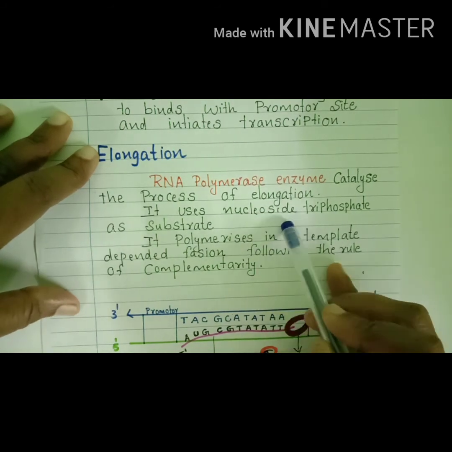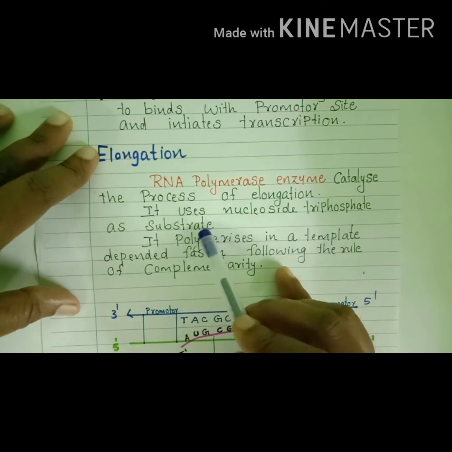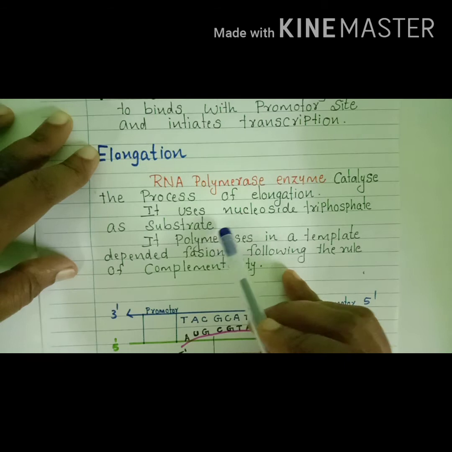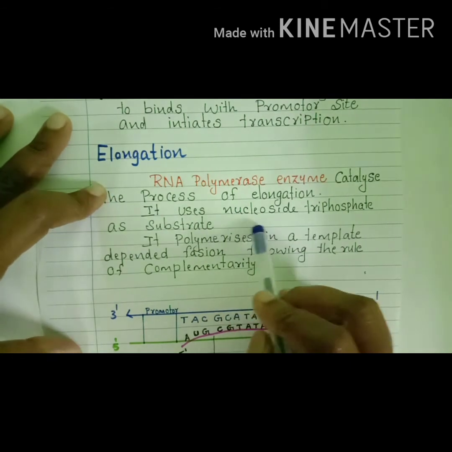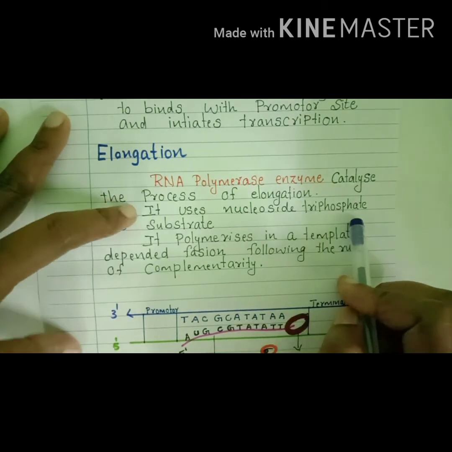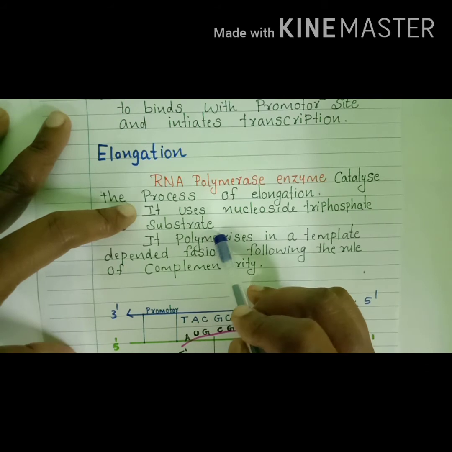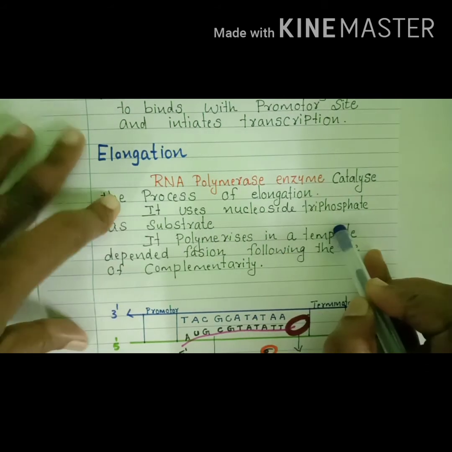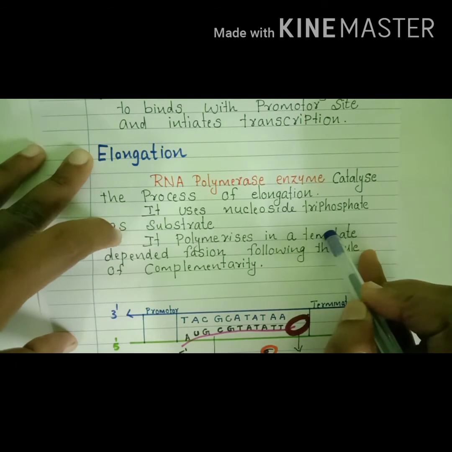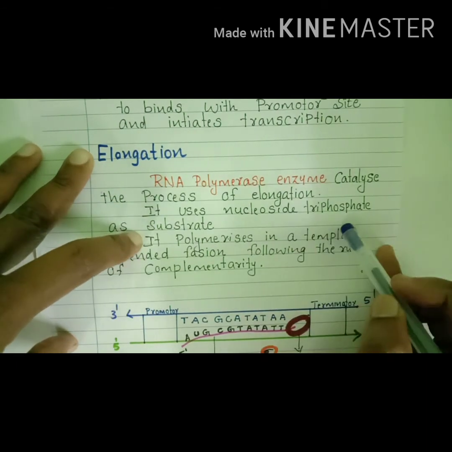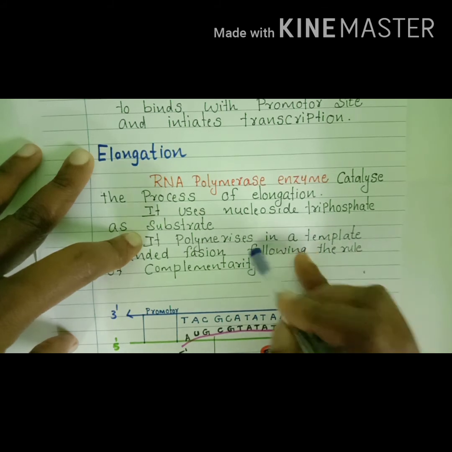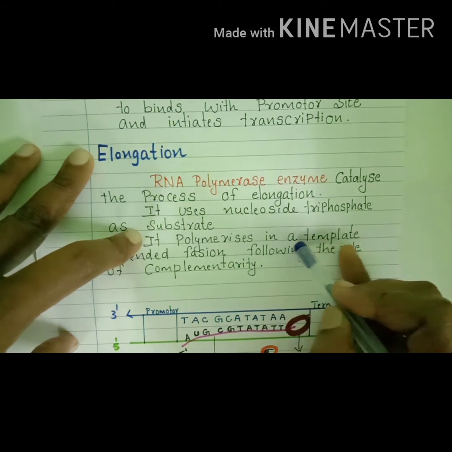What are the nucleoside triphosphates used for the synthesis of the RNA strand? They are 4 types: adenosine monophosphate, guanosine monophosphate, cytidine monophosphate and uridine monophosphate. Uracil is used, uridine monophosphate, because it is an RNA strand.